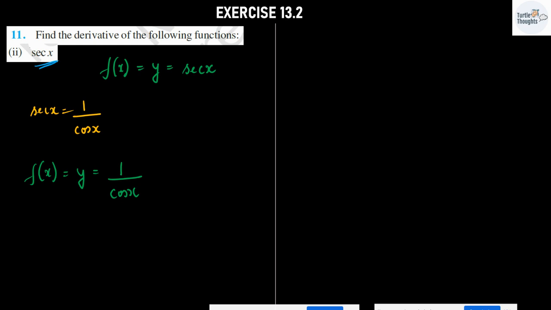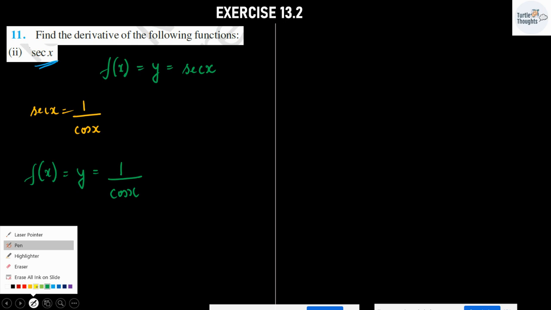Yes? Okay. Now, again, how do I solve this question? Can I use any rule over here? Any rule that I can use? Can I use the product rule?